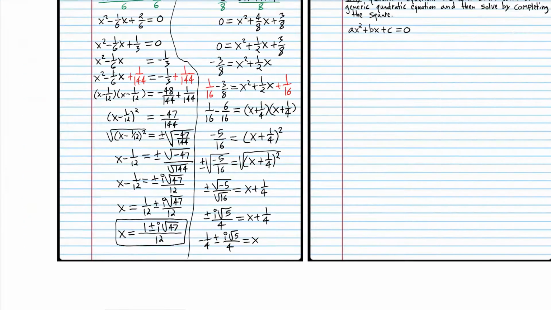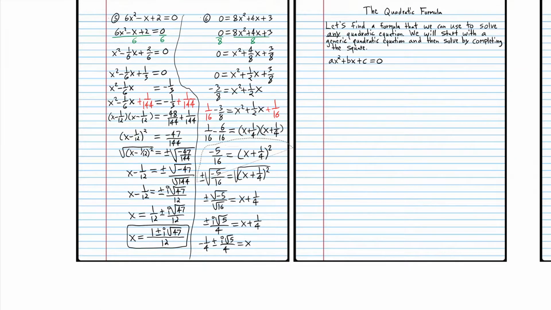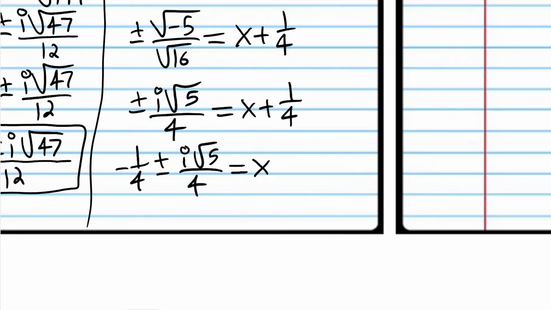And of course we can combine because we have a common denominator. But let me make some room here. And finally, x is equal to -1 plus or minus i root 5 over 4.